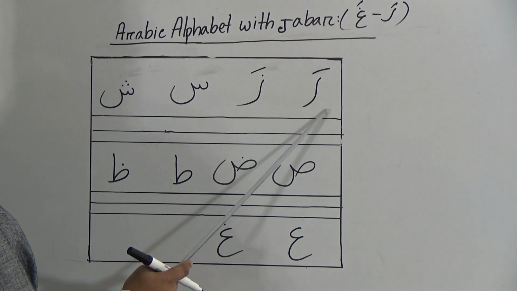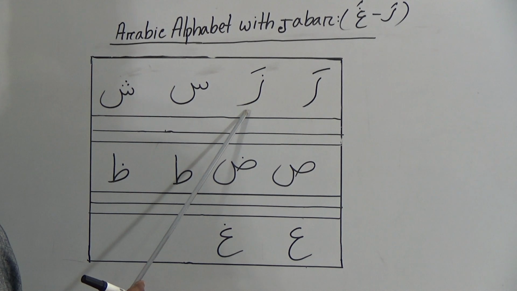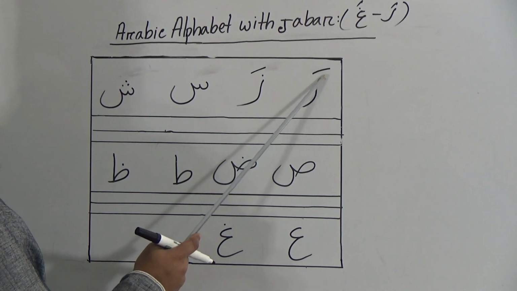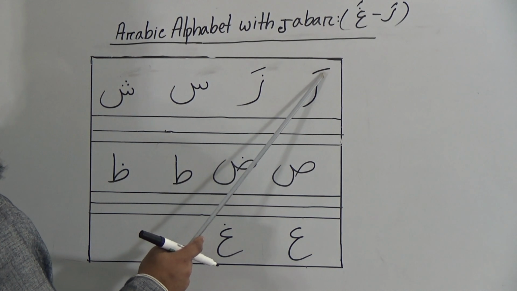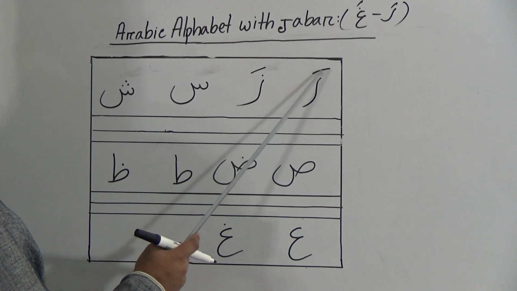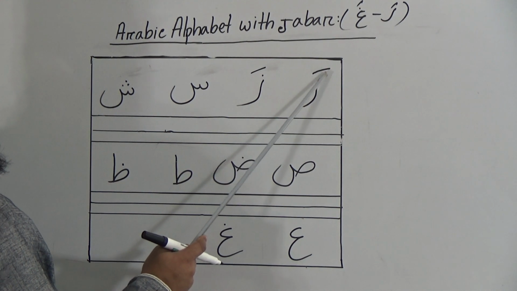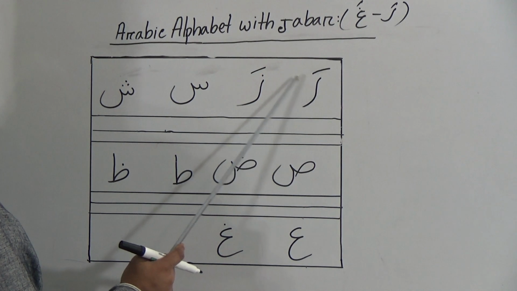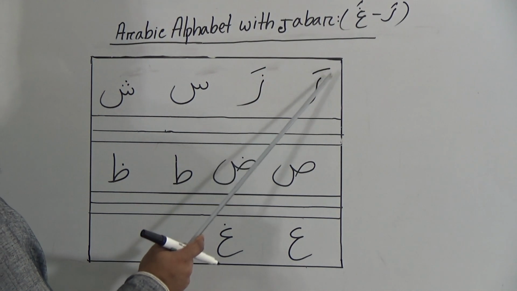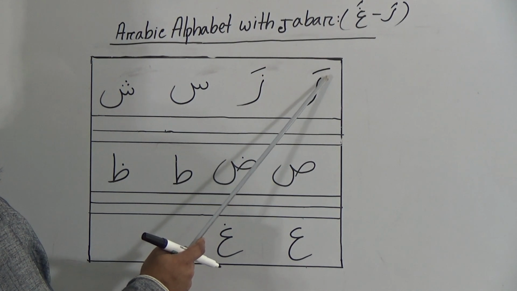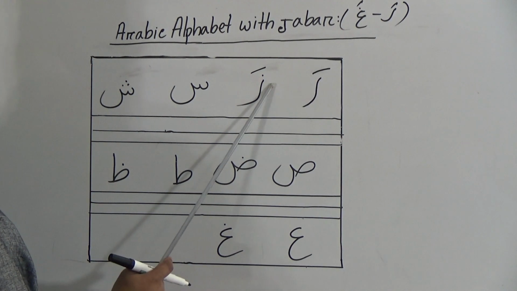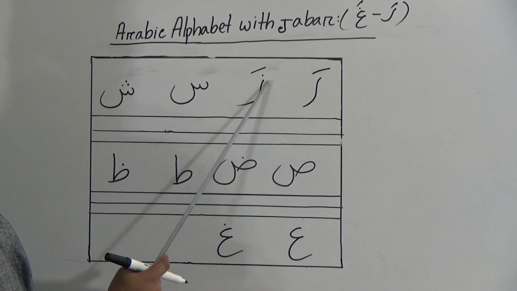You know that single Jabar, single Jer and single Pesh are called Harkat. The pronunciation of Harkat is to be done quickly or fast. In this regard, we have to pronounce it Ra Zabar Ra, Za Zabar Za.